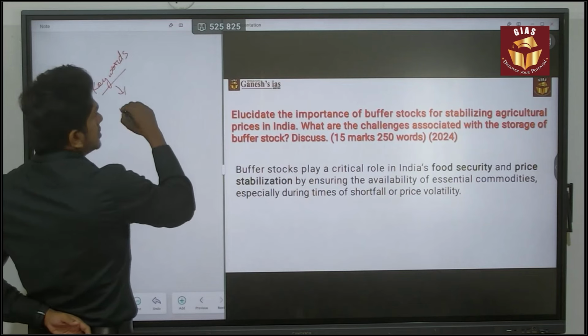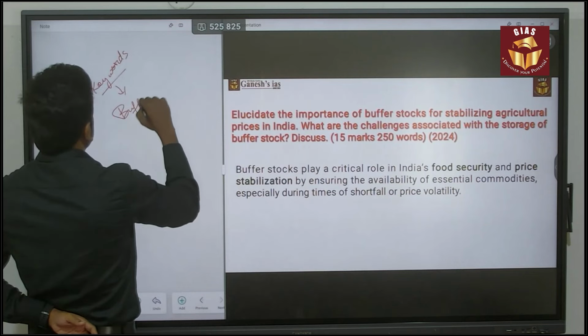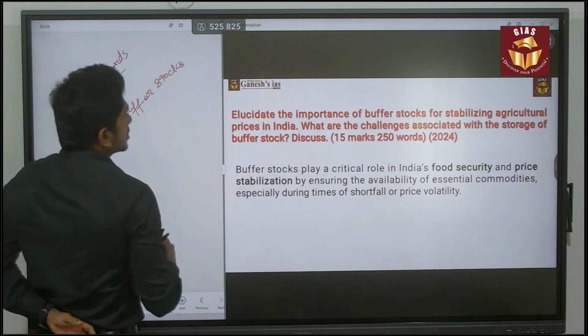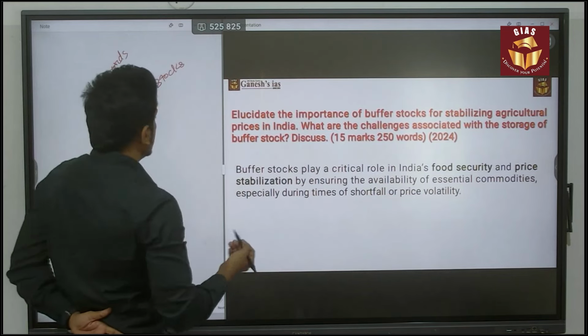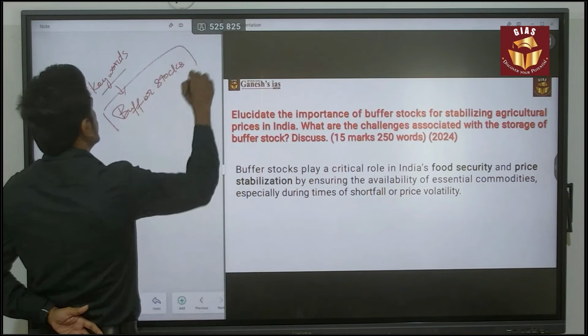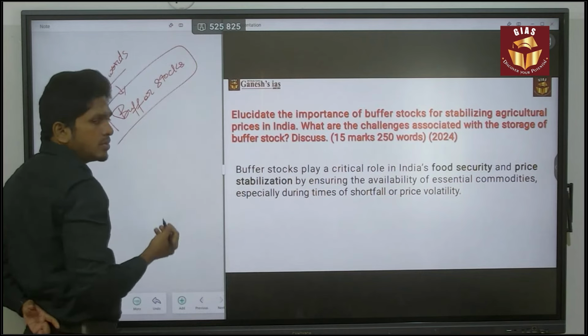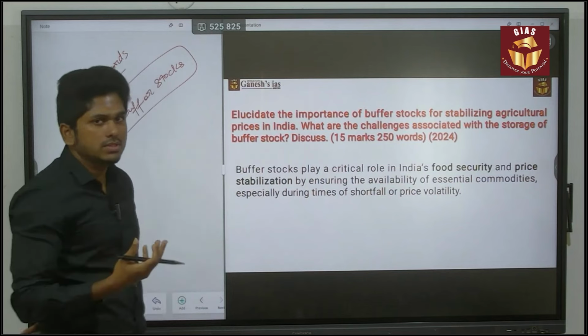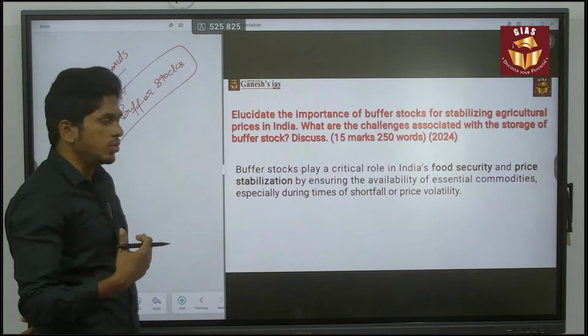So the keyword here is buffer stock only. Obviously you have to give brief details about buffer stock or its importance; in that way you can start your intro.